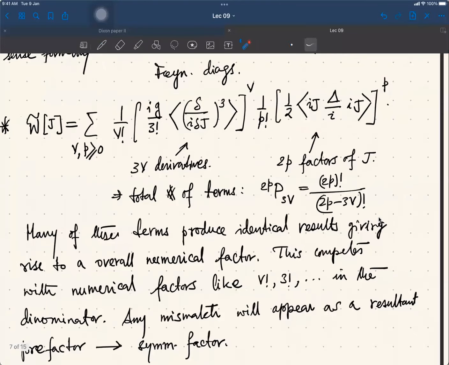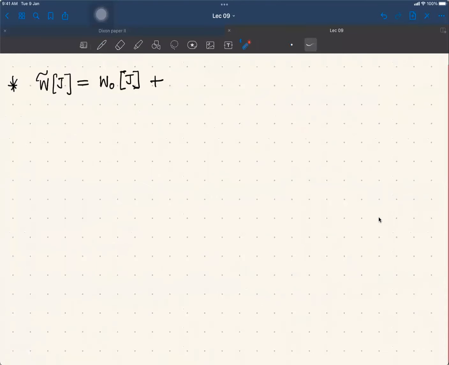So you can write, therefore, this term is Ig over factorial 3 del over I del J cube acting on W0J. W0J starts with 1, and then the first term is quadratic in J, which is this.